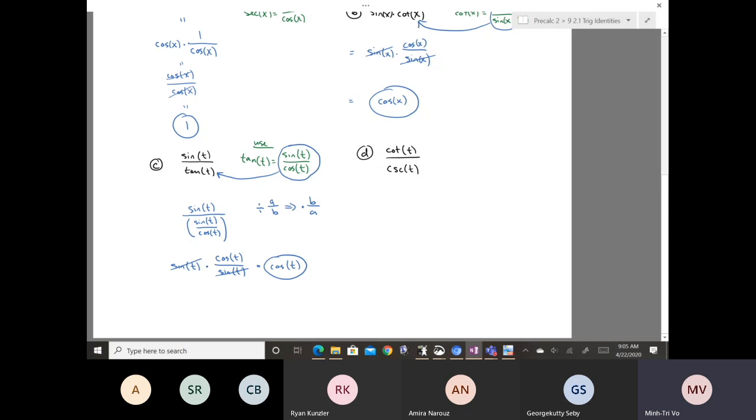So for cotangent, I want to use cotangent is cosine over sine. And then for cosecant, I want to use 1 over sine.